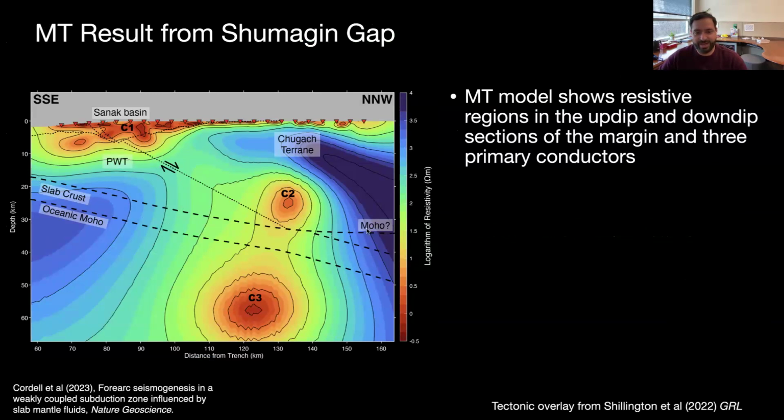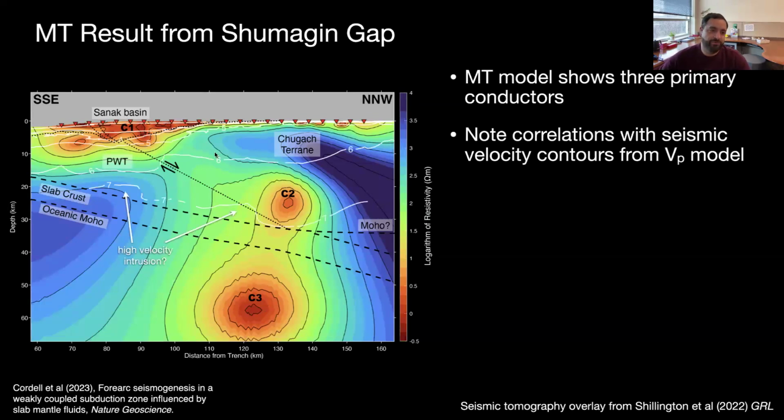And then here is where we have the upper plate Moho. And then we have also this through-cutting normal fault in the upper plate, and this large sedimentary basin known as the Sanak Basin. And from the EM imaging side, we're seeing these 3 primary conductors, C2, C3, and then C1, which is associated with the fluid-rich sediments of the basin.